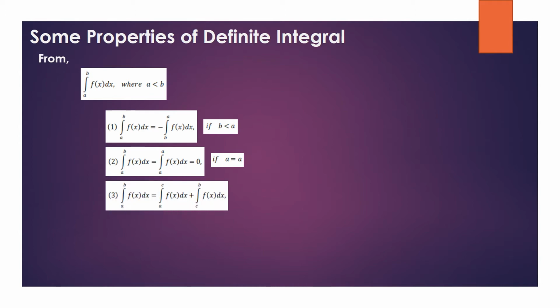Okay, for the third property, we have the summation. No? Parang continuation. No? Summation of the same function where, so ayan, medyo may konting changes lang. No? Limits from a to b siya, pero parang nagkaroon ng stopover.